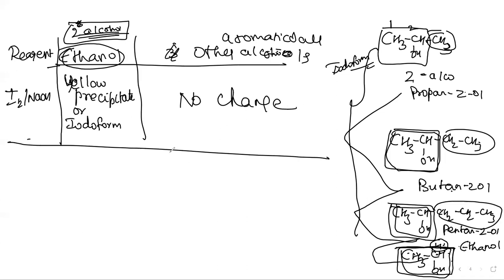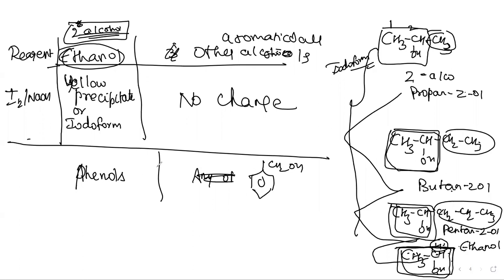Are you able to understand? This is one more distinguishing reaction. They will ask how will you identify phenols from any other alcohol? Phenol from benzyl alcohol, or phenol with ethanol, how will you distinguish?